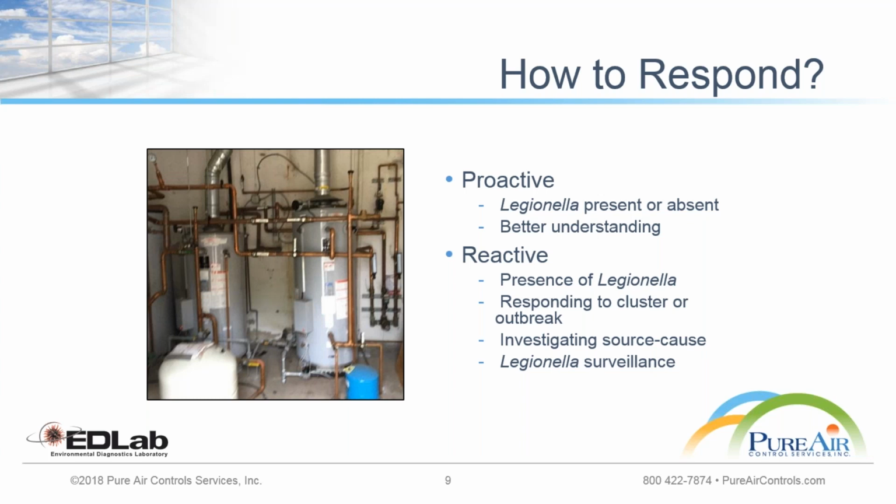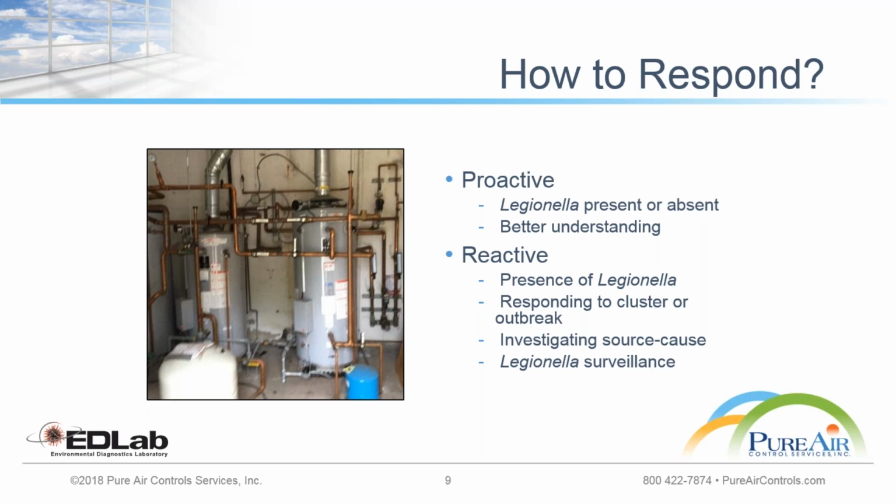And then if you have the presence of Legionella, you can proceed to a better understanding of what the source is, where it is coming from, so that you can take full control of that, so that the ill effect of that bacteria is not going to happen in future.